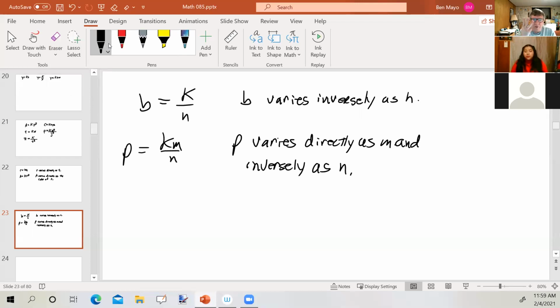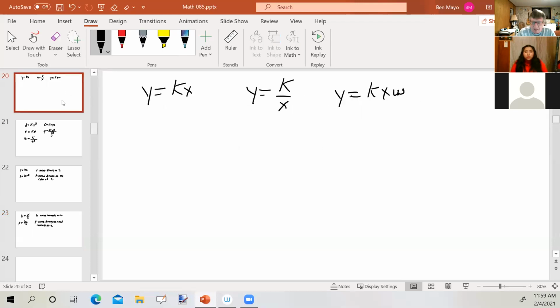So you're going to want to have the three kinds of variation memorized in terms of how those formulas are set up. Okay, so you know what to do with them.